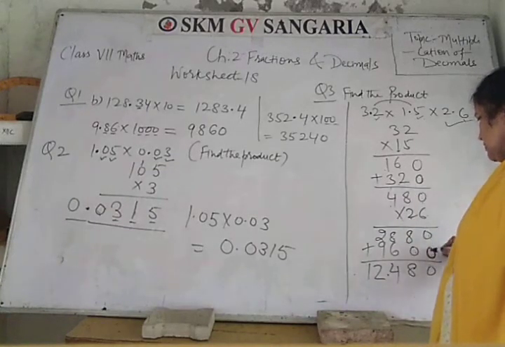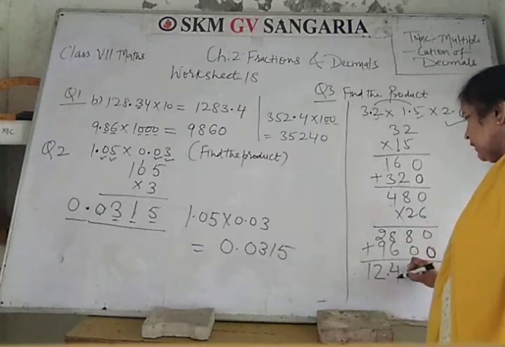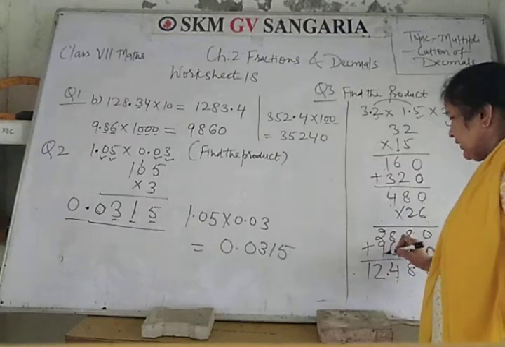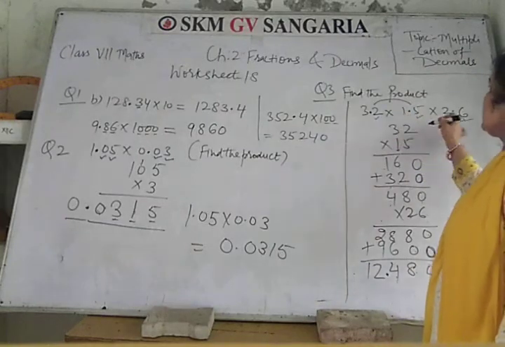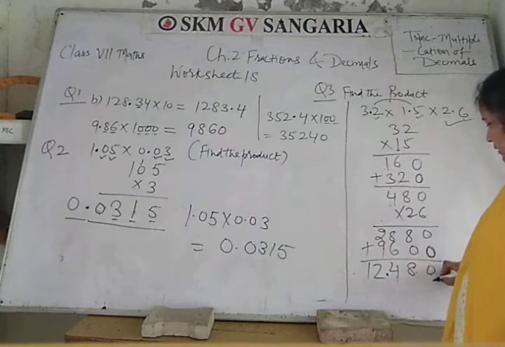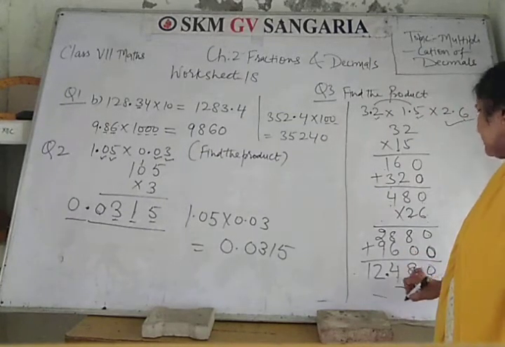Now add. 0 plus 0, 0, 8 plus 0, 8, 8 plus 6, 14, 1 carry, 2 plus 9, 11, 11 and 1, 12. So, in the 3 decimal numbers, how many digits are there after the decimal? 1, 2, 3. From your right, 1, 2, 3, you will put the decimal and you get the answer.